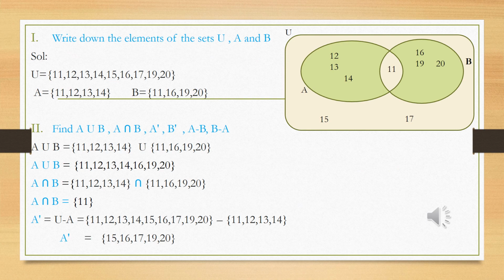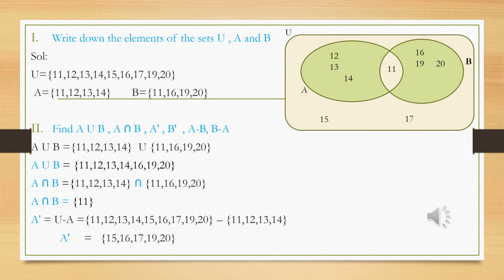In a Venn diagram, members of the set are shown enclosed within an oval, and the universal set is represented by a rectangle outside the sets. So, from the figure, it is clear that elements of set A are 11, 12, 13 and 14, and elements of set B are 11, 16, 19 and 20.